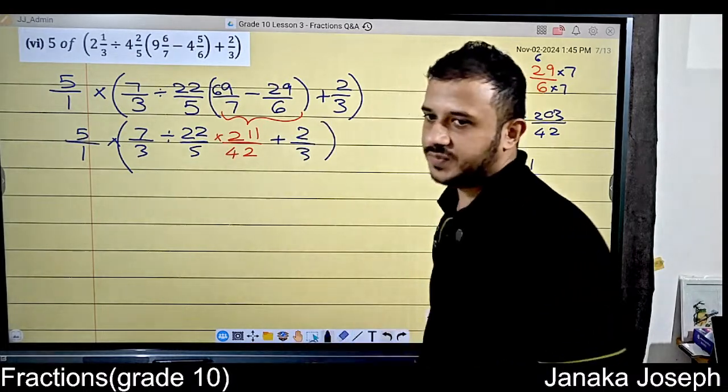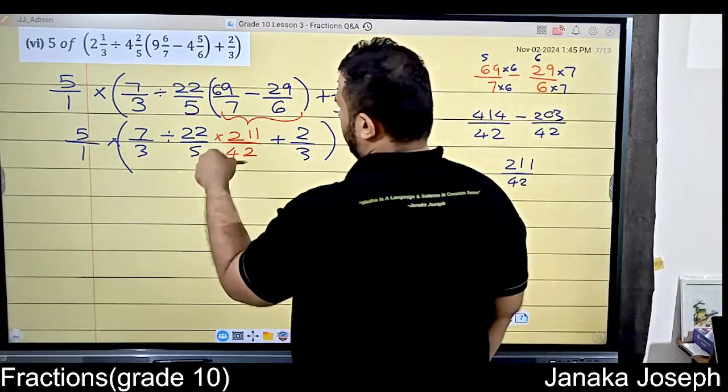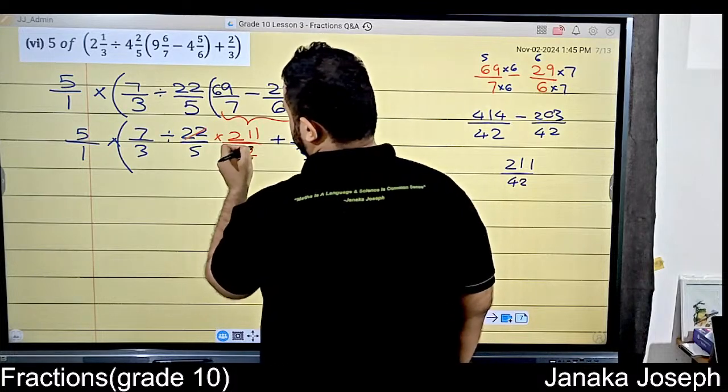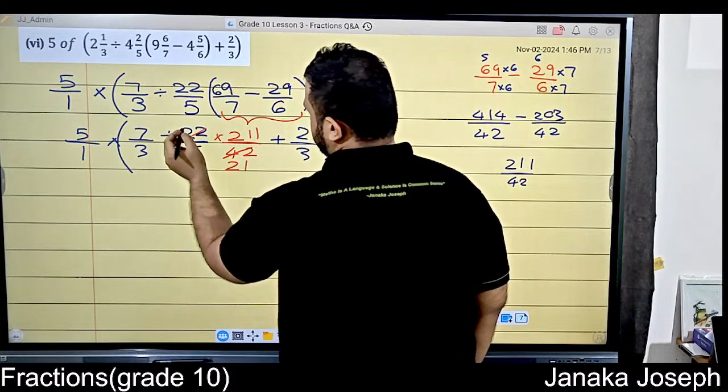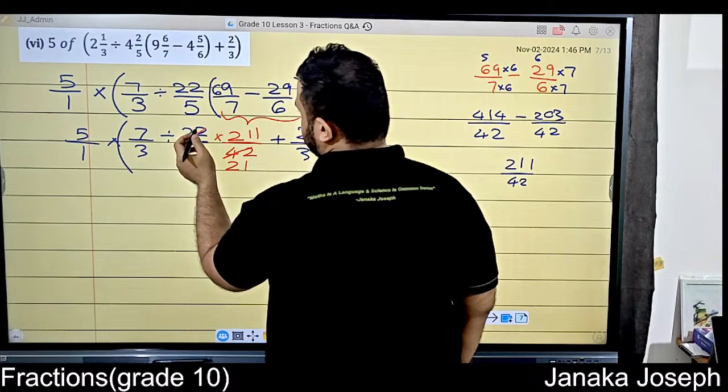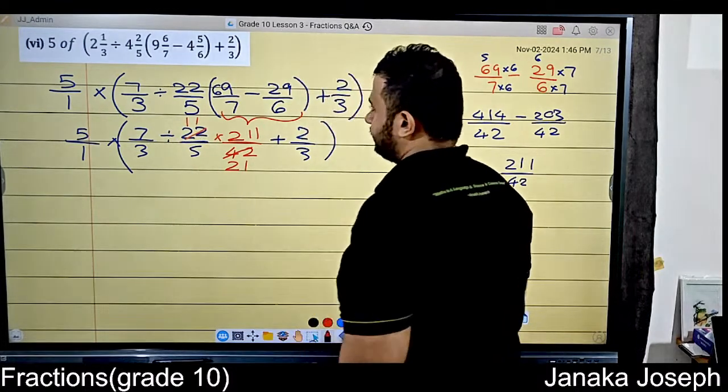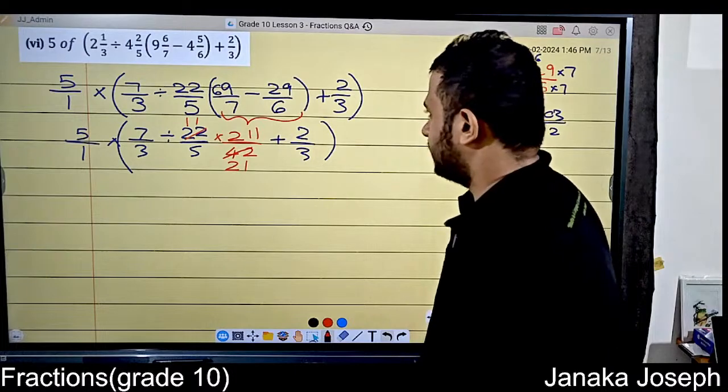Now we will do this part. Out of here, any simplifications? Yes, this and this. 2 times tables 21, 2 times tables, what is this going to be here? 11. That's all.